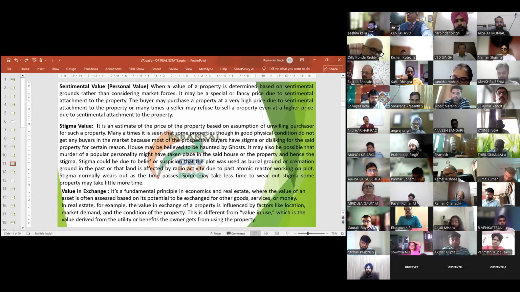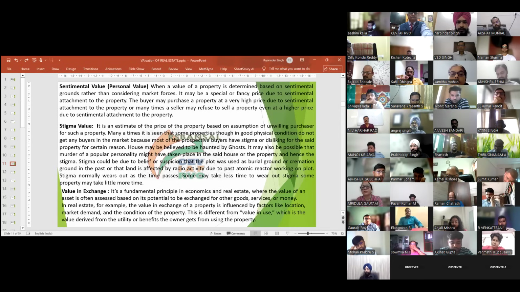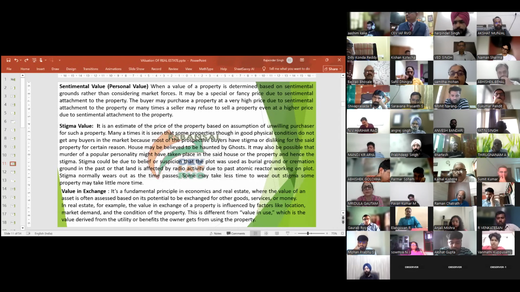So let us suppose you have an ancestral house which was purchased by your grandfather. You have been living in it for your life. So there are certain sentiments attached to that building, because of which it has some sentimental value for you.